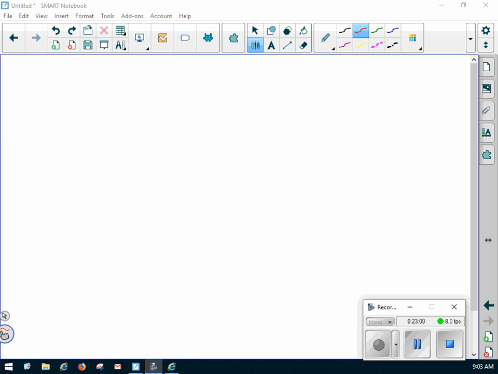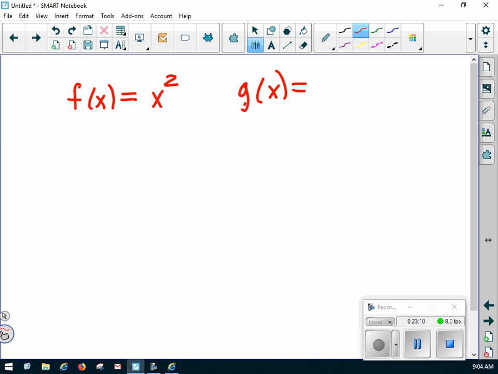One more. F of x equals x squared. G of x equals negative 2x plus 5 over 4. That is a big one. Yep, we're going to find f of g of x first.